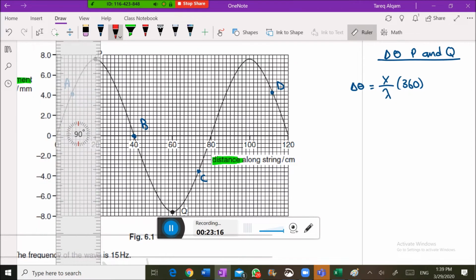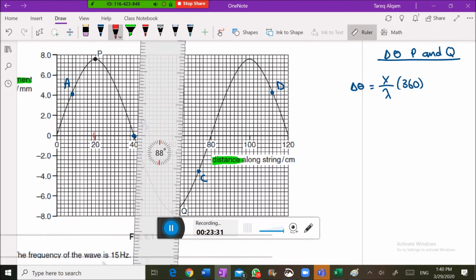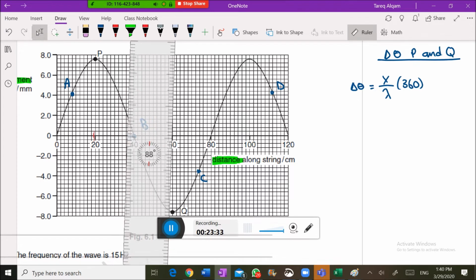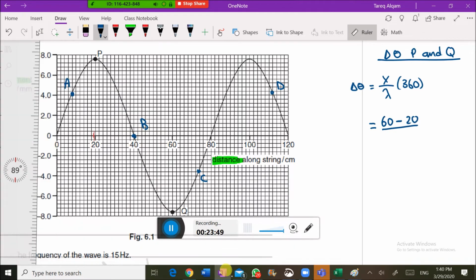P is at position 20. Q is at position 60. So the position shift x is 60 minus 20, over the wavelength, which is 80, times 360 degrees.